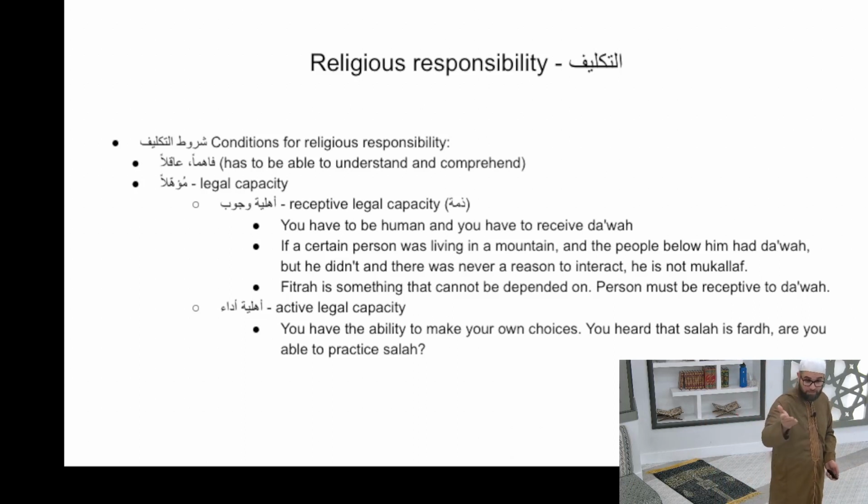If they can't receive it, then they can't be religiously responsible. If you run into a human being who doesn't speak any of the modern languages that exist today, and you don't at that moment have a way to communicate with them, then until you can communicate with them effectively, they're not mukallaf, because they don't have ahliyat wujub. They can't receive the da'wah yet.